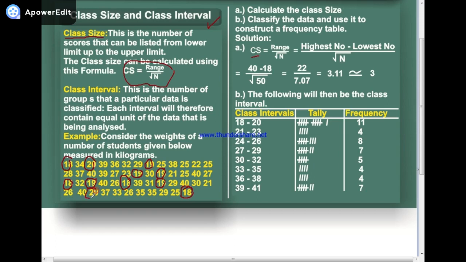So we've omitted this 10 and 11. So that means our tally will be what?